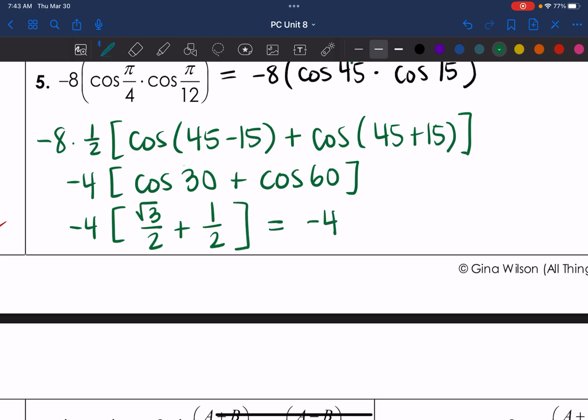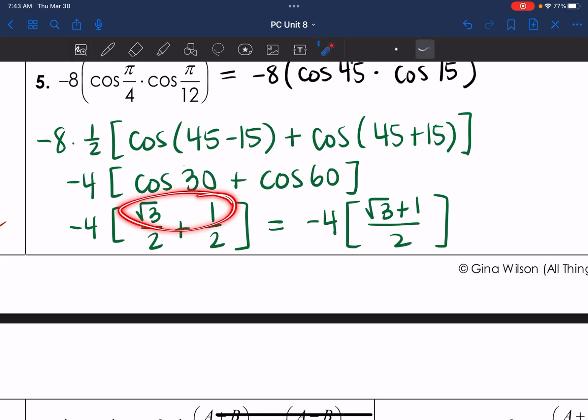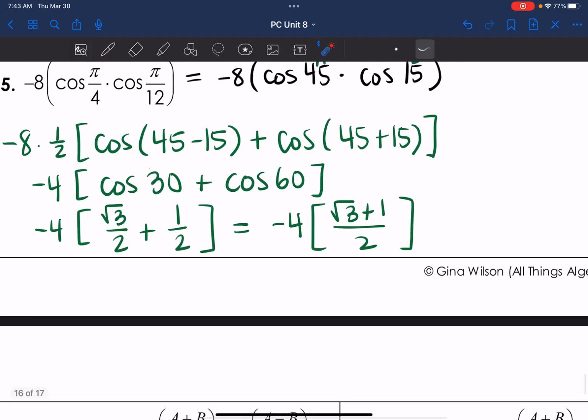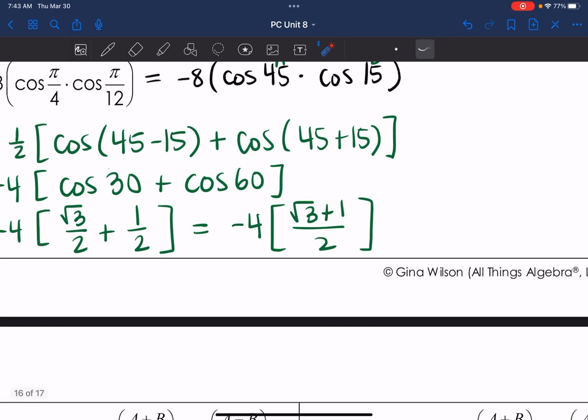Okay, so keep that -4 on the outside. But since those fractions both have the same denominator, we could just make it one giant fraction. So I put them together. And then we would want to multiply by that -4. Remember, whole numbers have an invisible 1 underneath. So you could do this thing where -4 can be divided by 2, and it now becomes a -2.